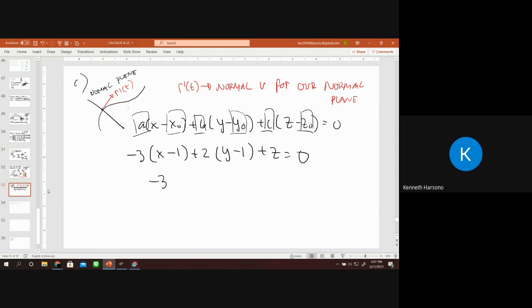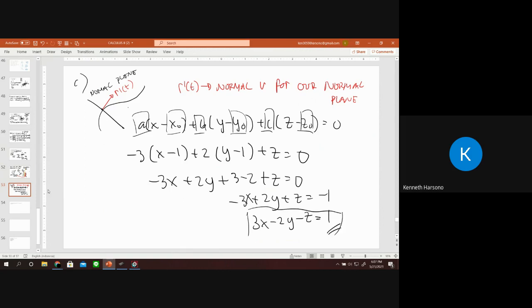So minus 3x plus 2y plus 3 minus 2 plus z is equal to 0, so minus 3x plus 2y plus z is equal to minus 1. Multiply both sides by minus 1, you get 3x minus 2y minus z is equal to 1. This one is the equation for this plane.